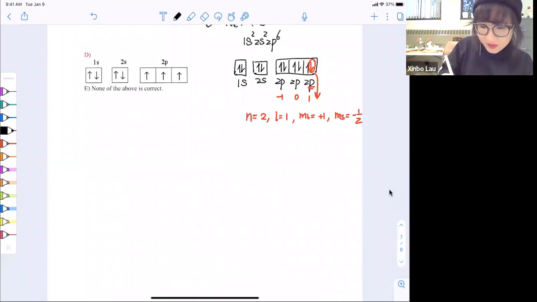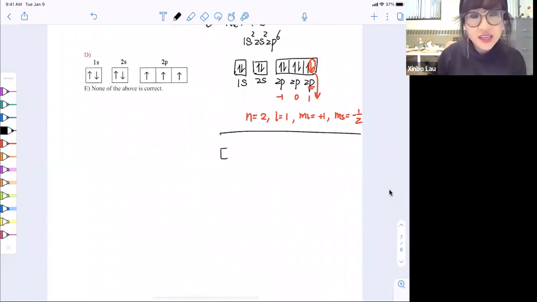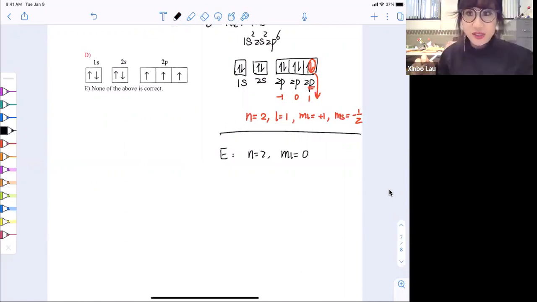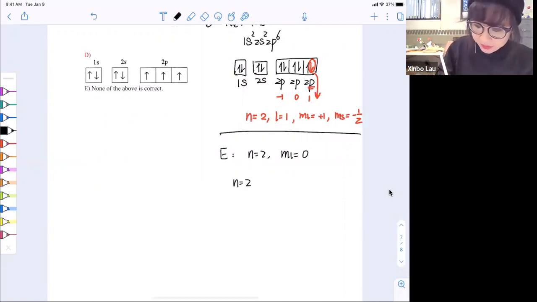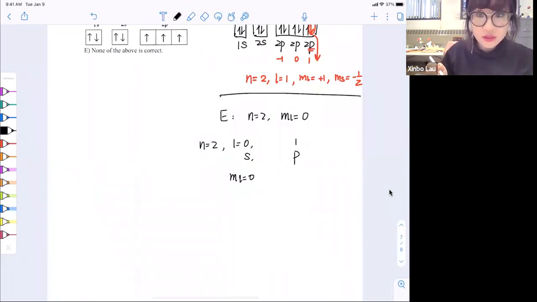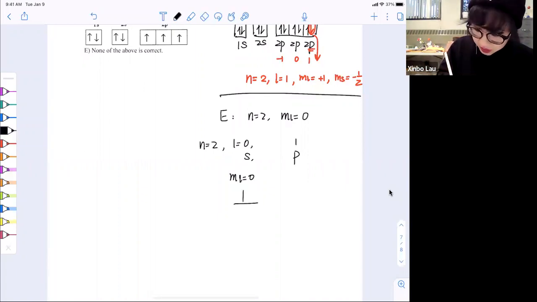So now we're looking at working out E. When n equals 2, m sub l equals 0. You go, why can I have this situation? Let's think about when n equals 2, on the second energy level, what can we have? l goes 0 and 1, so we can have s and p orbitals. For the s orbital, m sub l equals 0, so for that I can have 2 electrons, right?